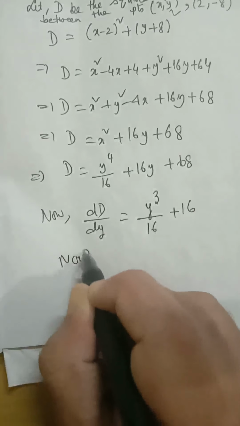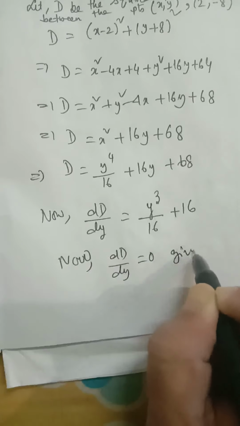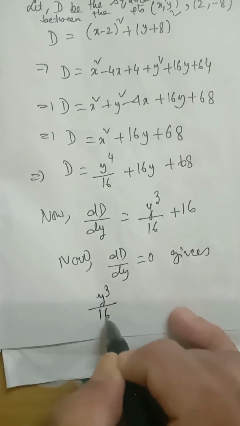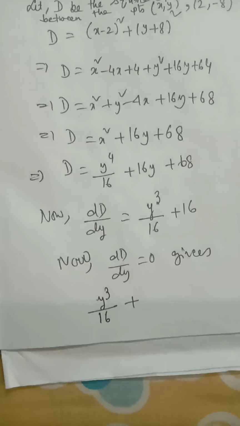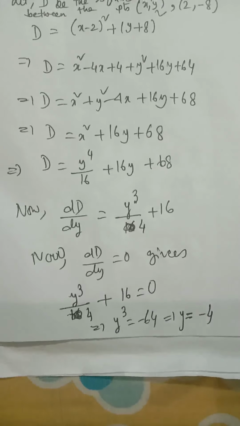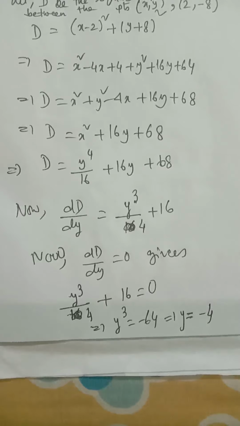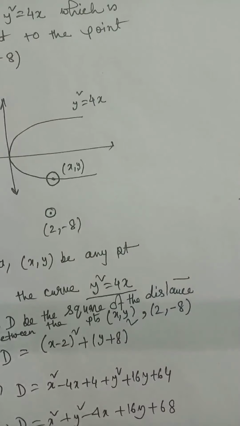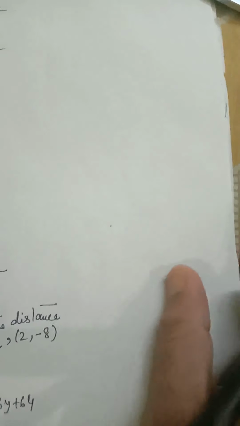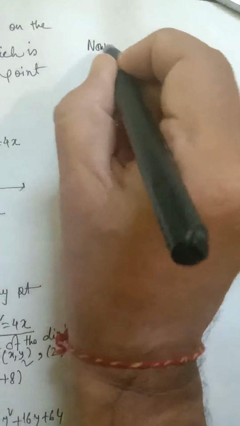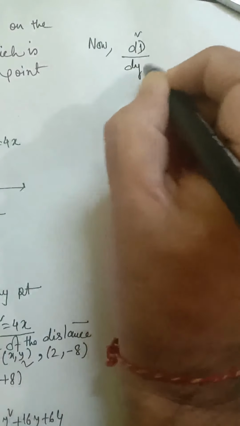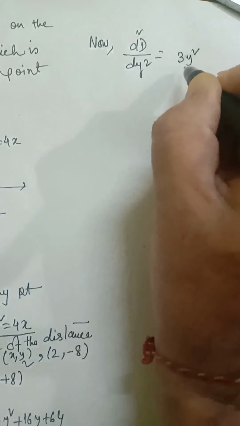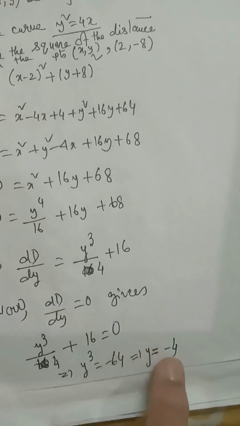Now dd dy equal to 0 gives y cube plus 64 equal to 0. So y equal to minus 4 is our stationary point.